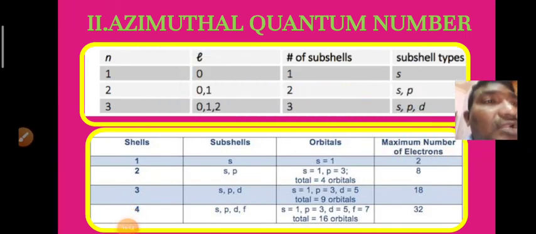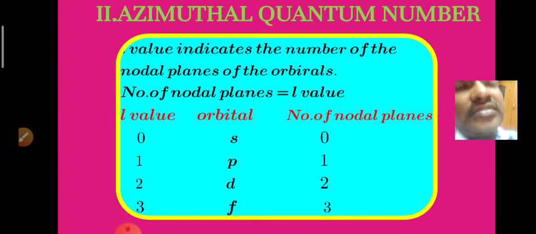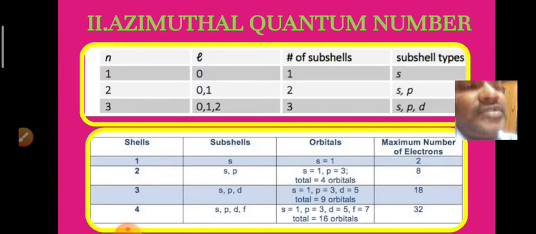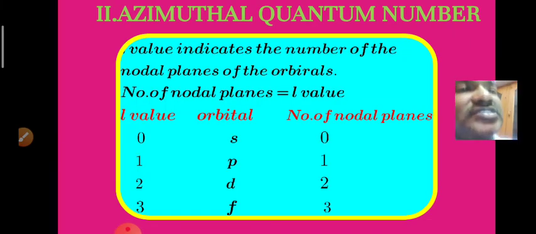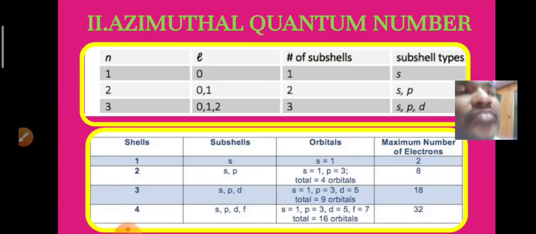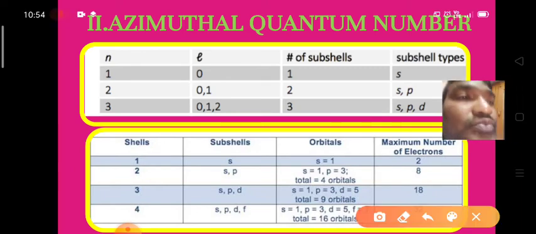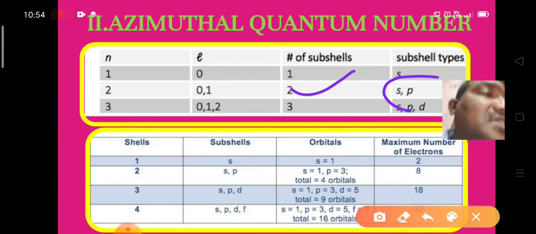The azimuthal quantum number tells about the number of subshells also. If n is equal to 1, then l has only one value, that is 0. And if n is equal to 2, then l may get 0 and 1 values. So the number of subshells here is 2, and those two are s and p.